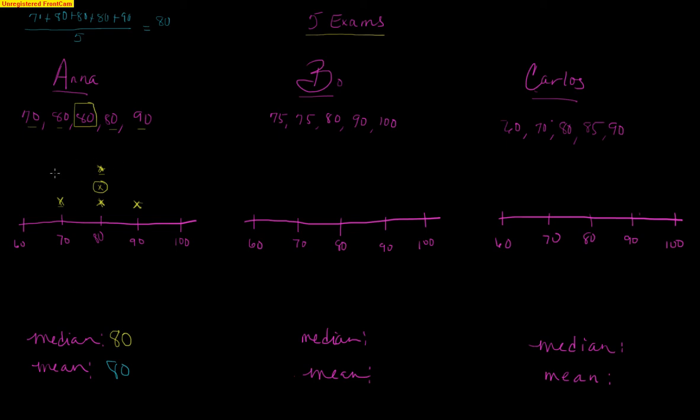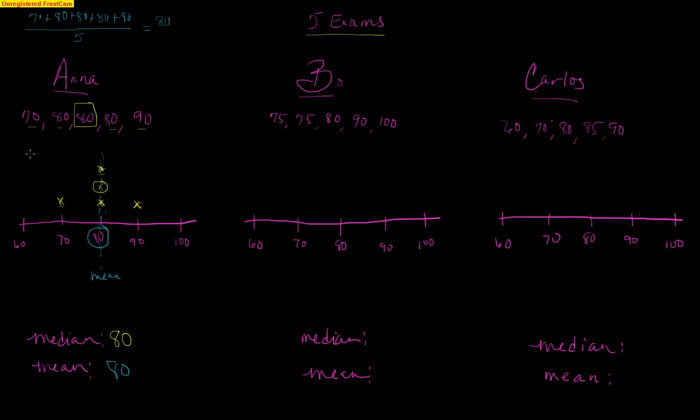So I'm going to circle the 80 in blue. Okay. Now, rather than actually circling a point, I'm going to draw a line here at 80 because sometimes the mean is not an actual number. So here's the mean in blue, and it's also 80.